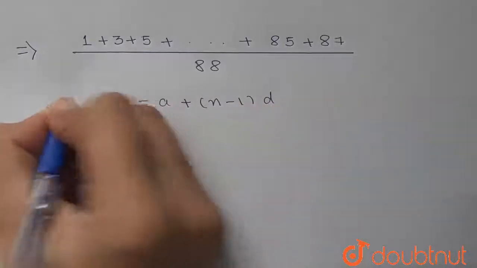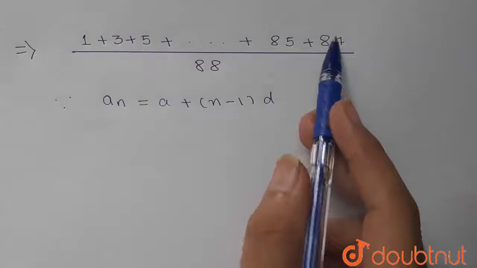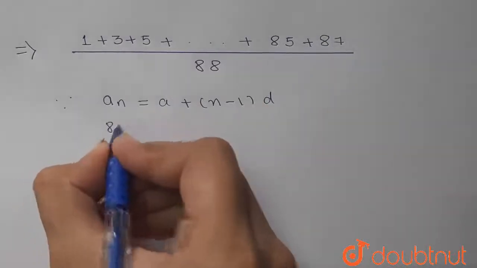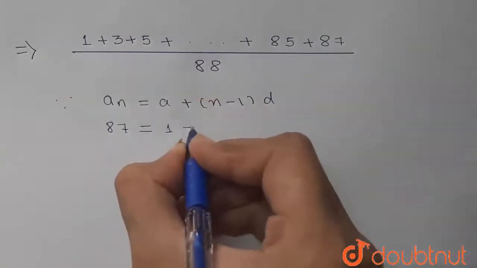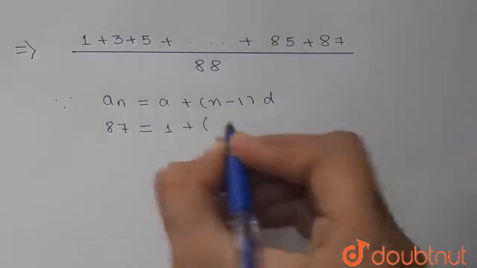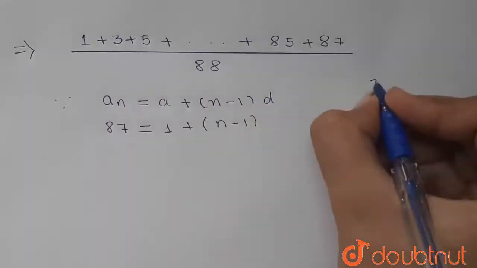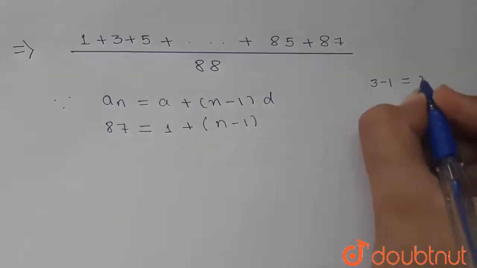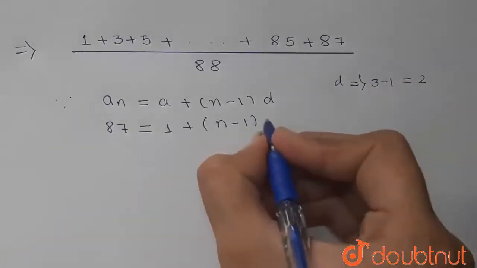We need to find n. What is the last term here? That is 87. So we can write 87 is equal to the first term, 1, plus n minus 1 times d, where d is the common difference. 3 minus 1 is equal to 2, so this is the common difference. We write 2 here.